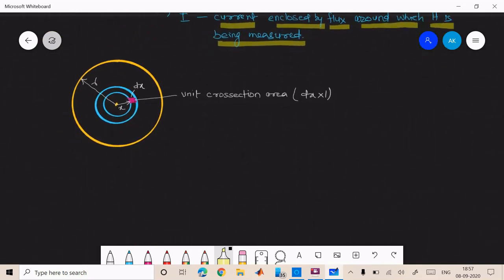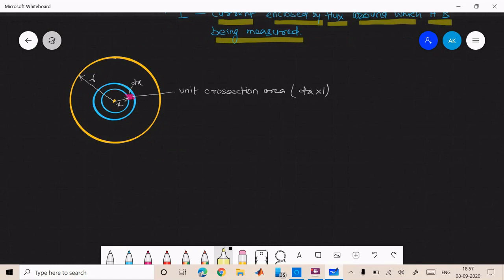To understand how we will write the internal inductance of an isolated current carrying conductor, let us assume this yellow circle is the cross section of your isolated current carrying conductor whose radius is r. Now let us assume a unit cross section area whose width is dx.